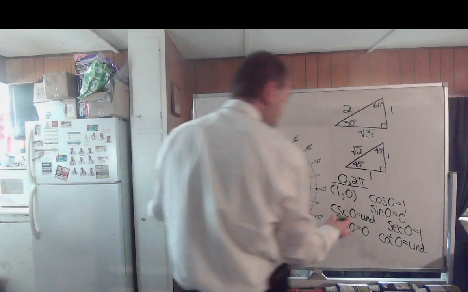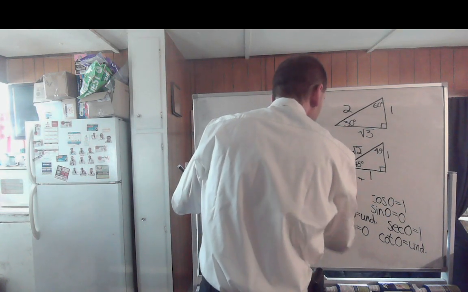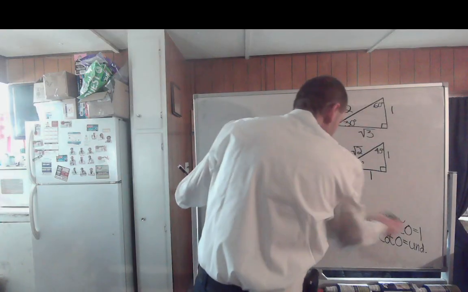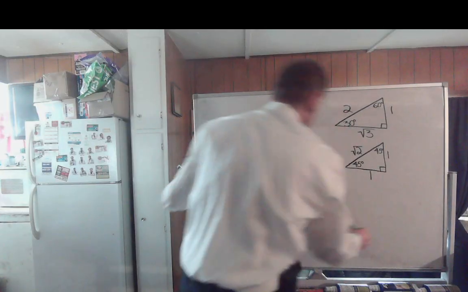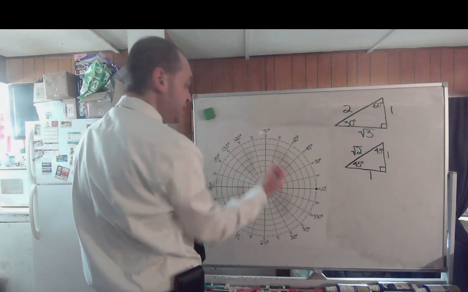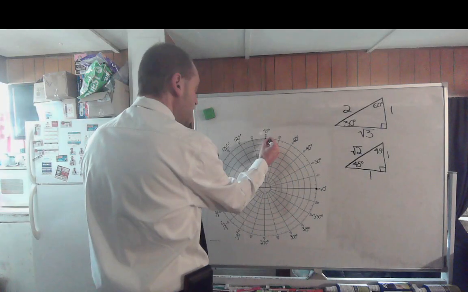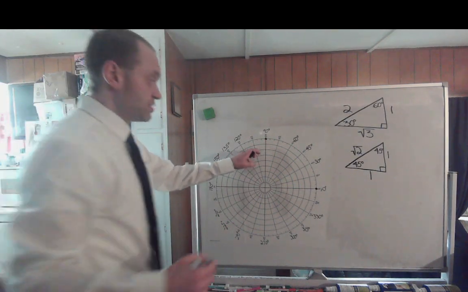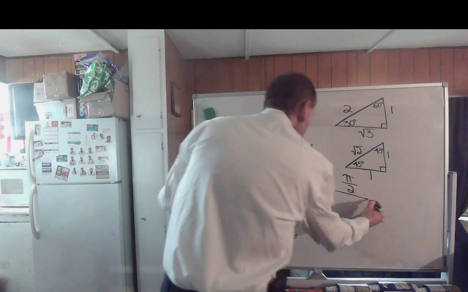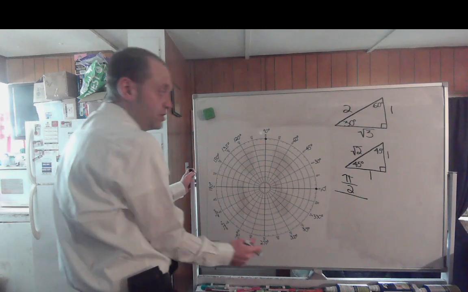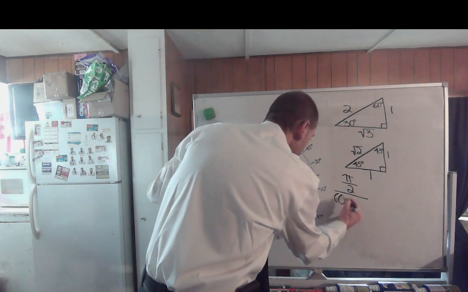Now, let's go ahead and go for pi over 2, which is the same as 90 degrees. So radius 1, we'll say, is up here. So at 90 degrees, which is pi over 2, what would that be in xy units? That would be 0, 1, right?